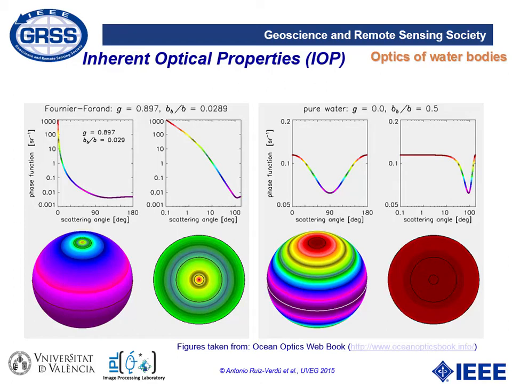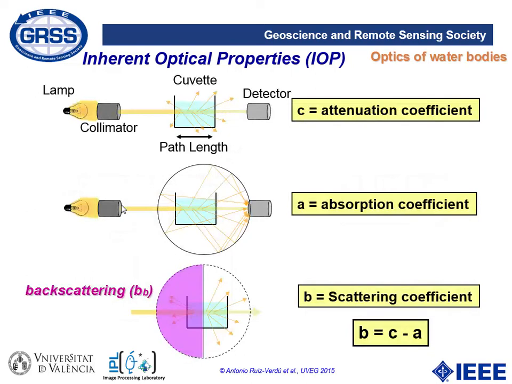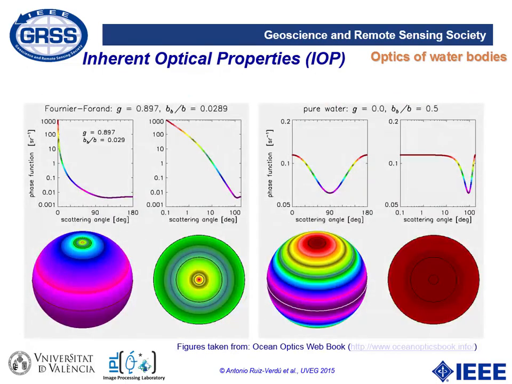And we see here two examples of the typical scattering phase function for a water body with particles and chlorophyll, and on the right the scattering function of pure water.